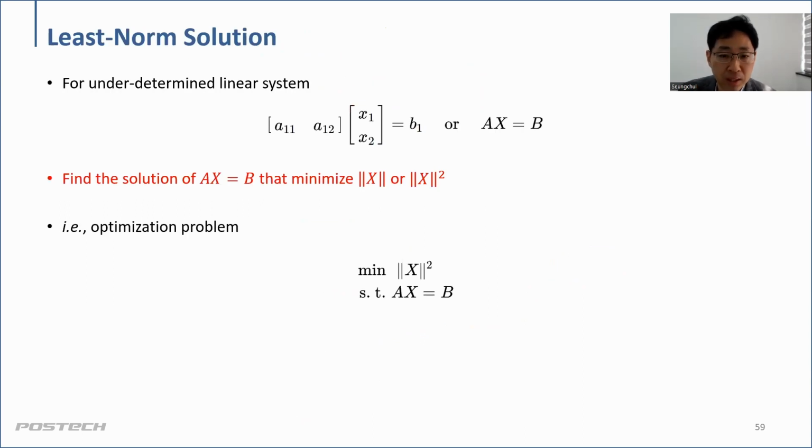So let's find some solutions in the overdetermined and underdetermined systems. First is the underdetermined linear system, where A is a fat matrix.